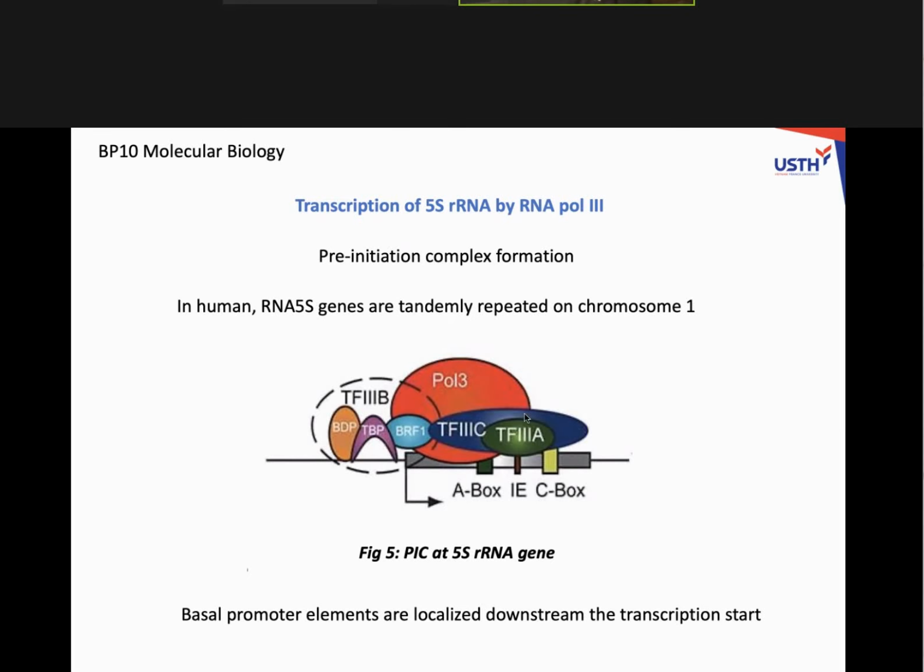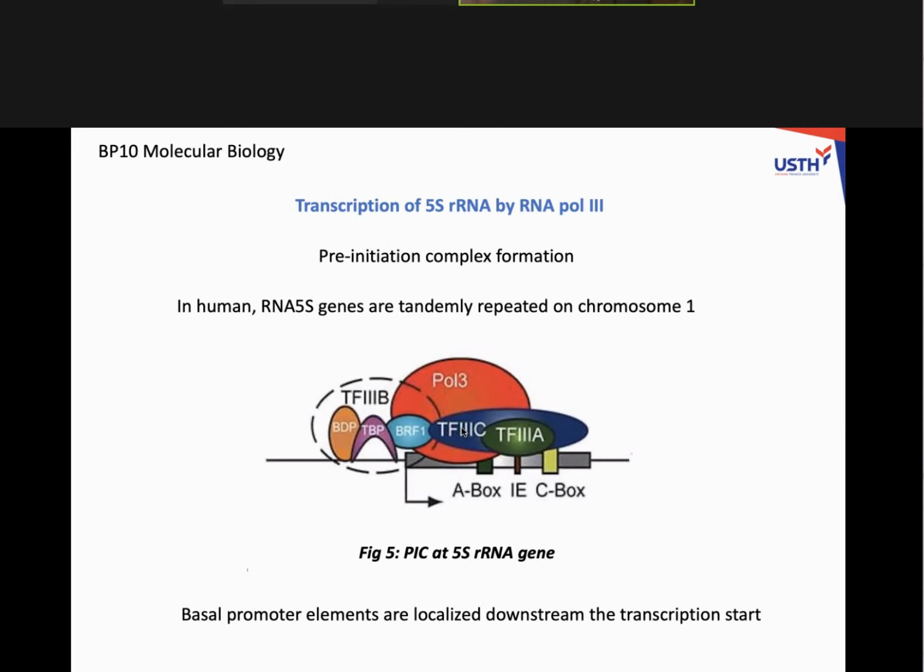They are conceptually a little bit similar in function to TATA binding protein, but they are not at all TATA binding protein. There is TFIIIB, and it may contain TATA binding protein, but that is not used for recognizing a TATA box, because there is no TATA box there.